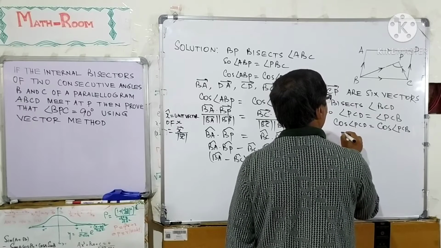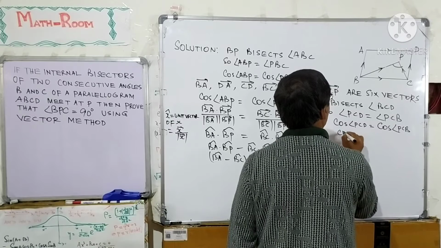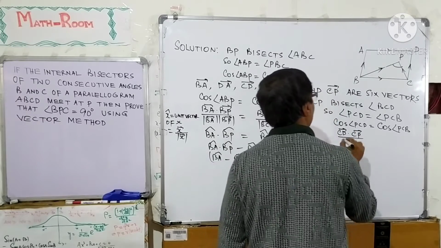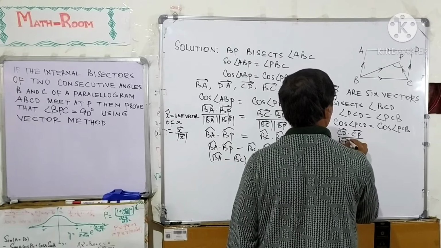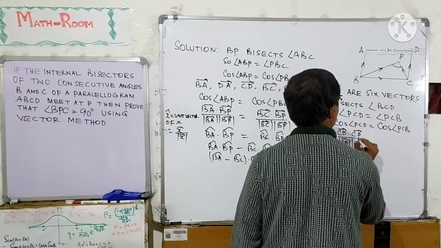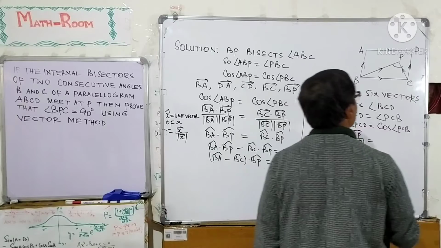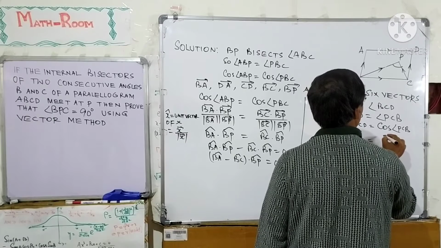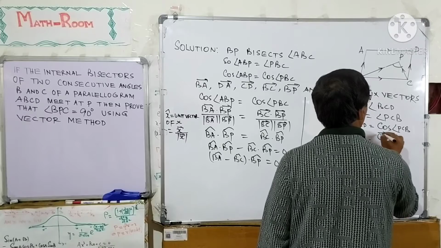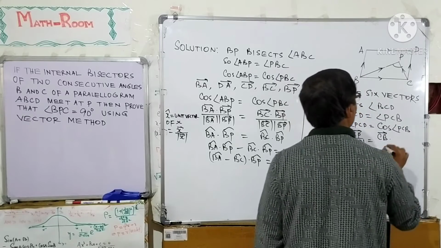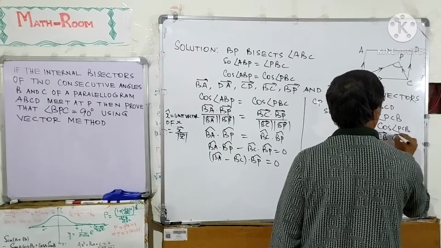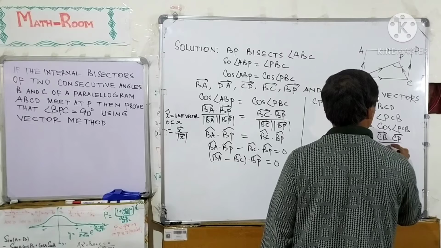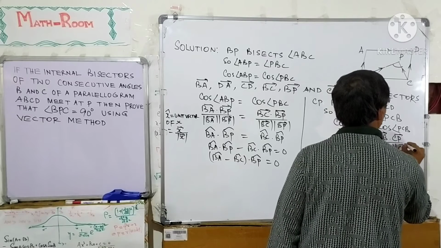So cos PCD equals the dot product of the vectors CD and CP over the product of their magnitudes, magnitude of CD into magnitude of CP, equal to cos PCB, which is also the dot product of the vectors CB and CP over the product of their magnitudes, CB magnitude into CP magnitude.